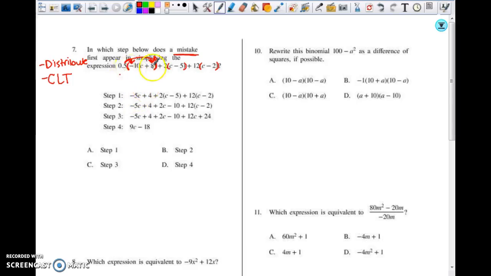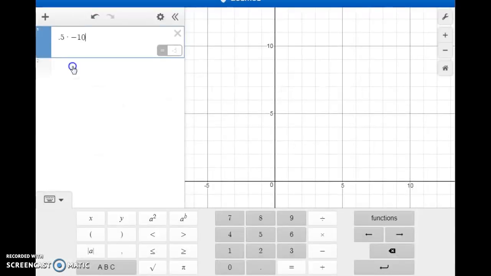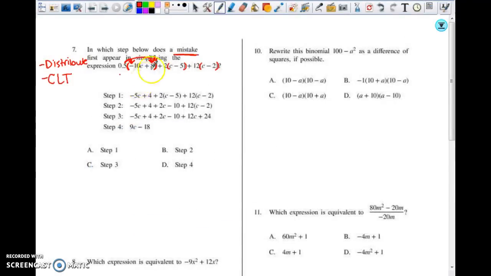And then 0.5 times 8 is 4. So that would have given us 4. Did they do that part right? Yes. So check. They distributed correctly the first part. Okay, notice they still left the second set and the third set the same. So in step 2, all they did was distribute here.